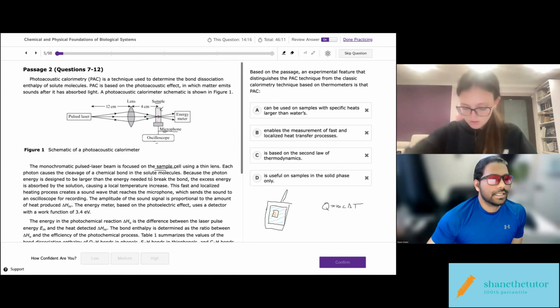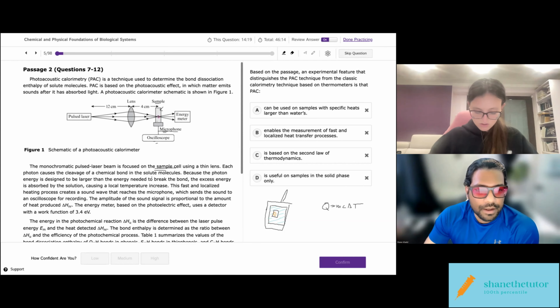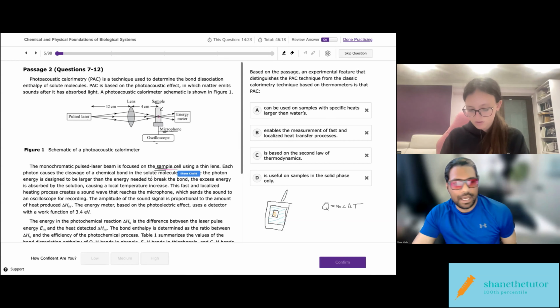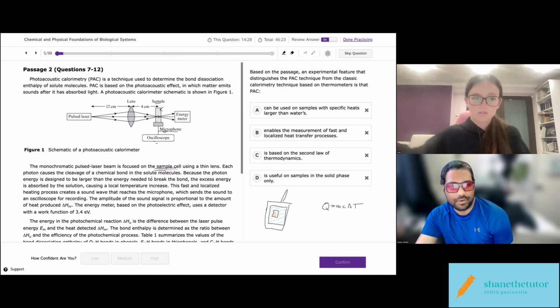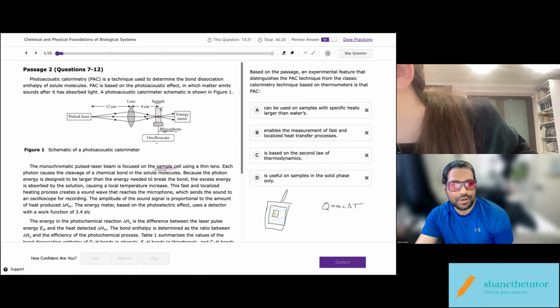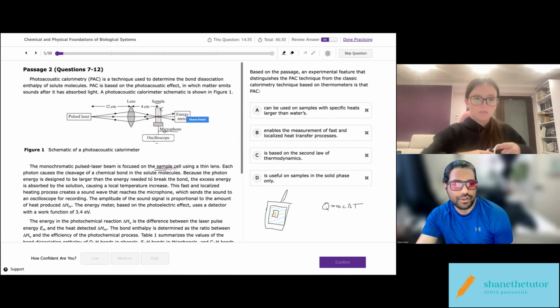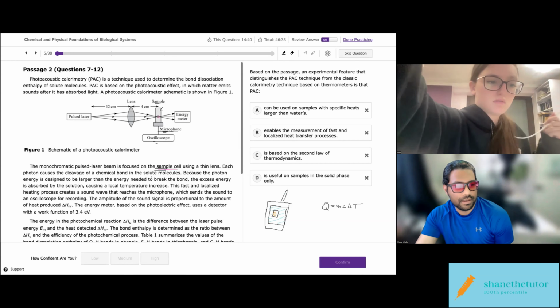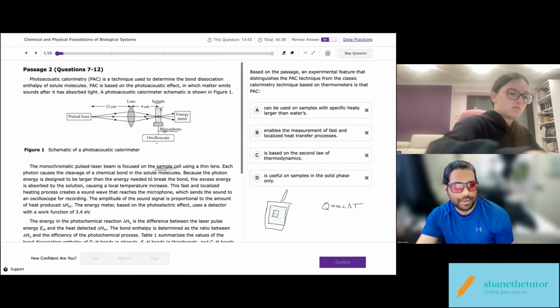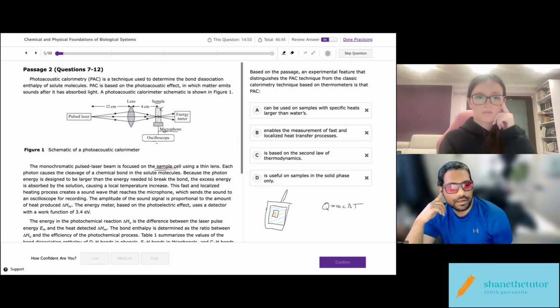So let's see. They're telling us something about the laser beam being focused on the sample cell, right? And I know there's a lot of stuff here on the right: there's the sample, energy meter, microphone, oscilloscope. And from what we're reading in the second paragraph, where does the microphone come in?